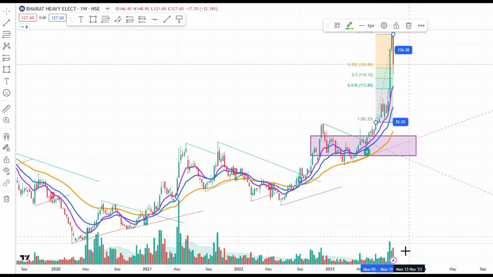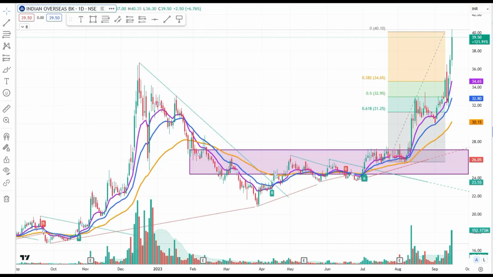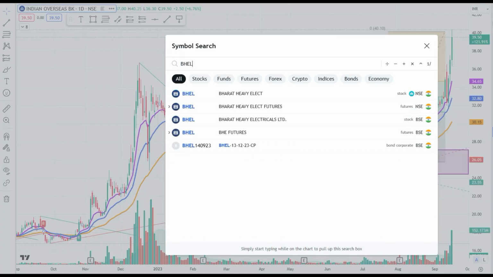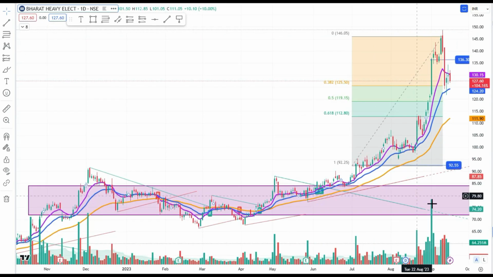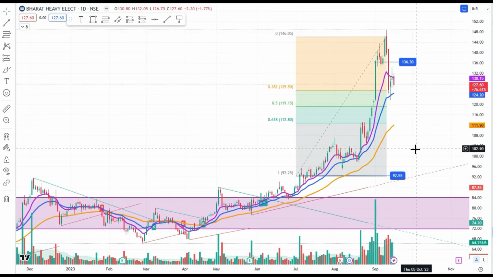It can fall down, and during the fall, the volume is very high, which we don't want. If you look at the chart here, day charts, even when it was falling, the volume was pretty high. That we don't want. There is a lot of selling here. We can wait actually for this one.